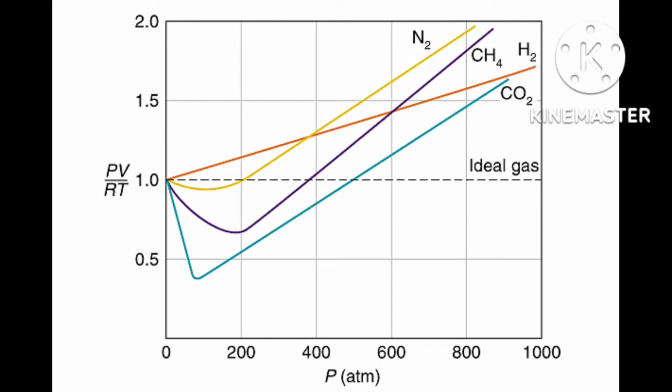Thus, gases show ideal behavior when the volume occupied is large, so that the volume of the molecules can be neglected in comparison to it. The volume of the gaseous molecules itself can be neglected if the volume is large.